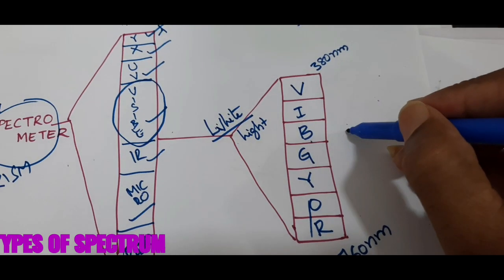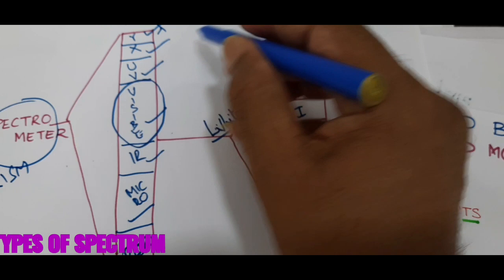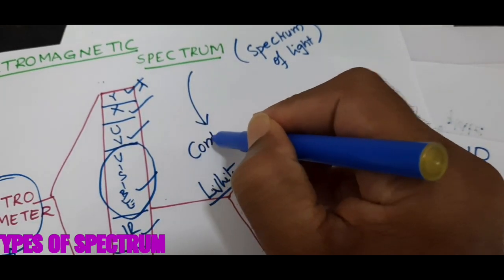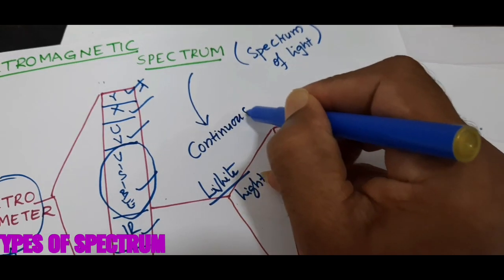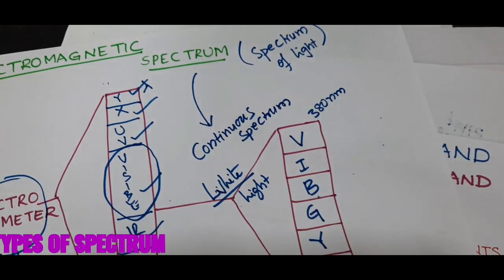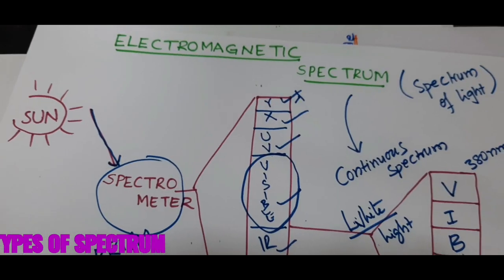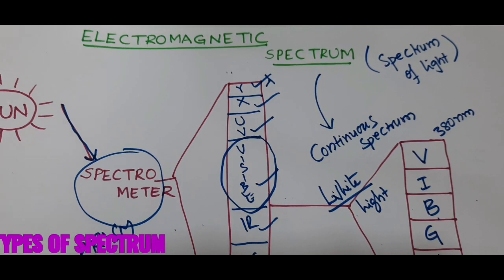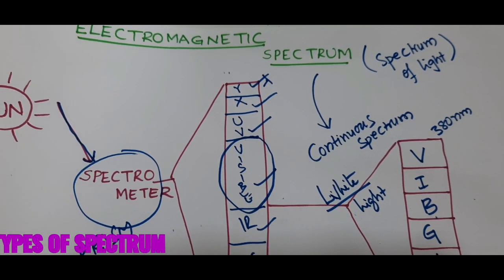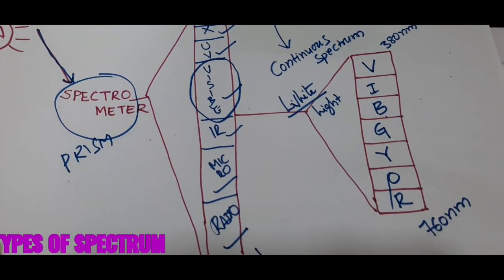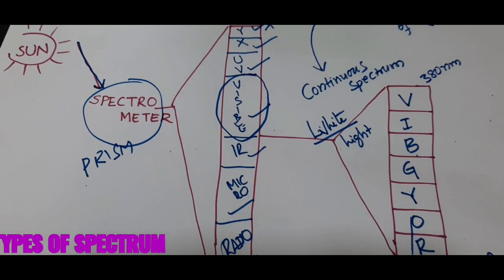That's why this electromagnetic spectrum can be considered a continuous spectrum. A photographic plate with different types of radiations, either in the increasing or decreasing order of their wavelength and without gaps, can be called a continuous spectrum.